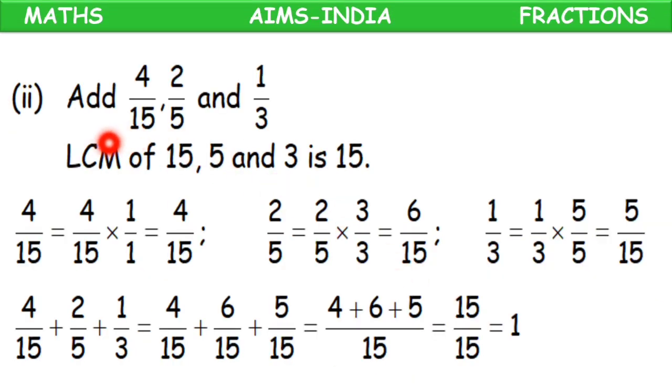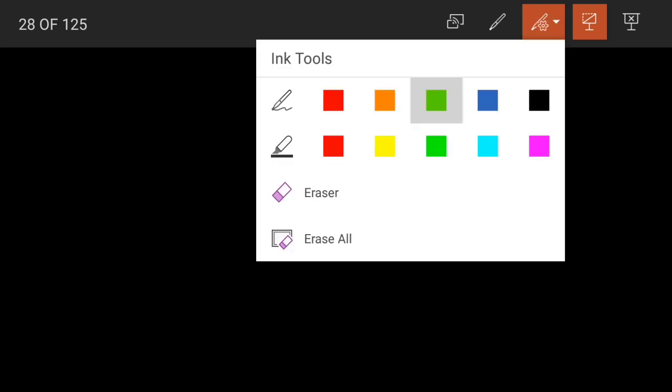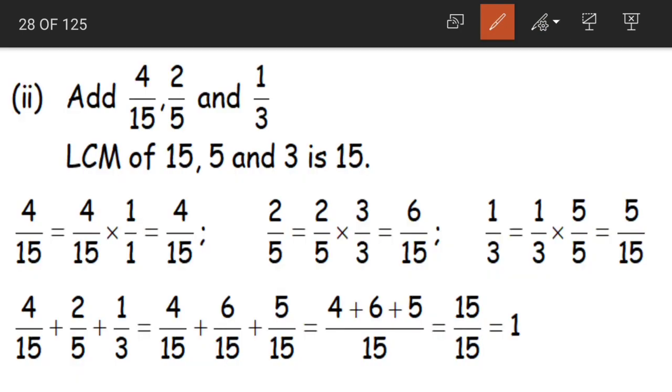Now we are having another example here. Add 4 by 15, 2 by 5 and 1 by 3. 4 by 15 plus 2 by 5 plus 1 by 3. Again here we are having 3 different denominators, so we need to find out the LCM.